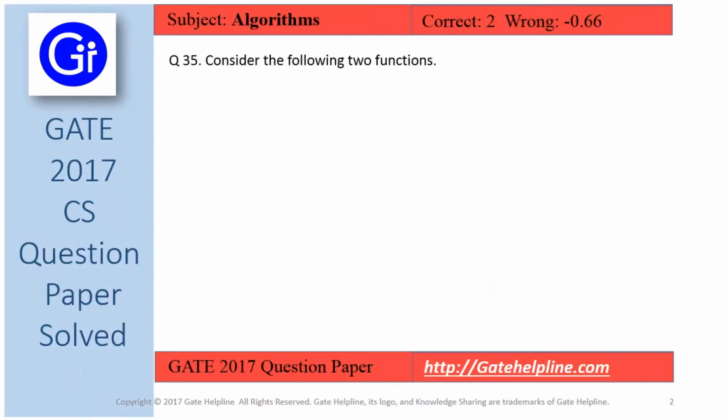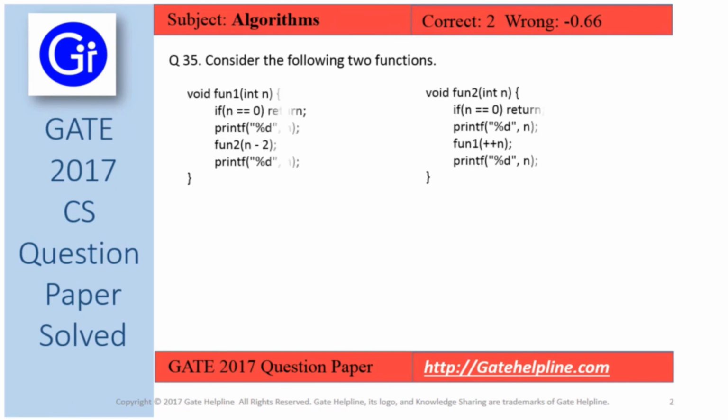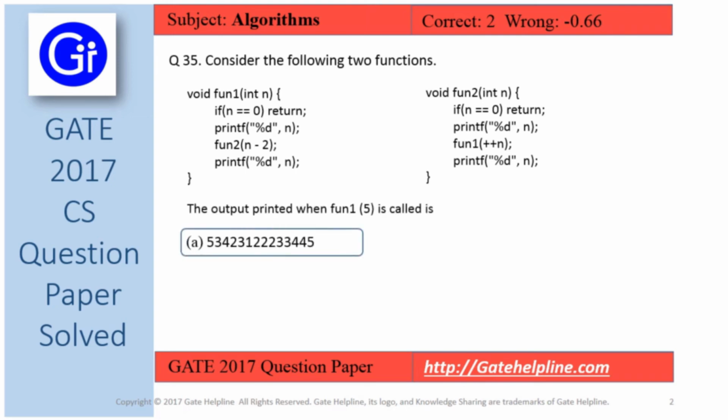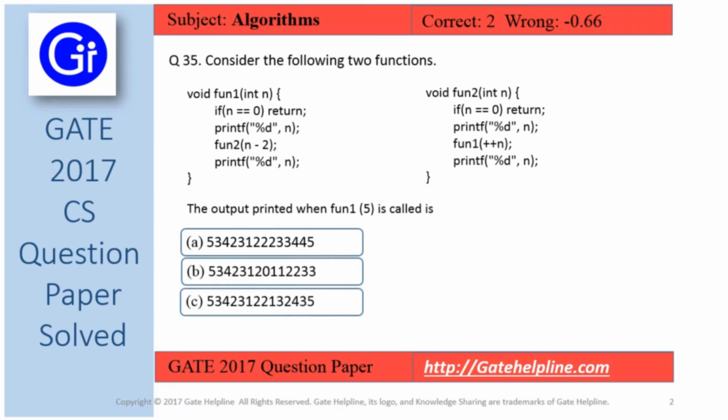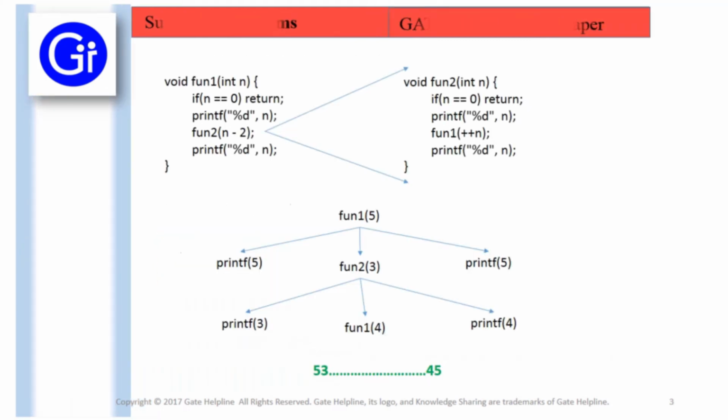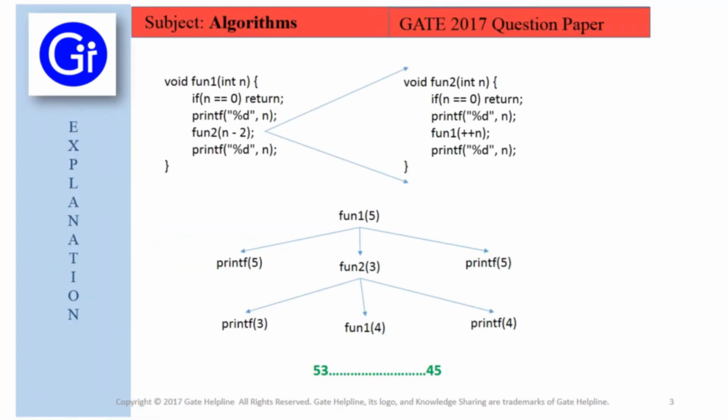Question number 35 is, consider the following two functions. These are the two functions, function 1 and function 2. The output printed when function 1(5) is called is, and the options are A, B, C and D. Now we will see the explanation to this question. In function 1, we check if n equals 0, then we return.